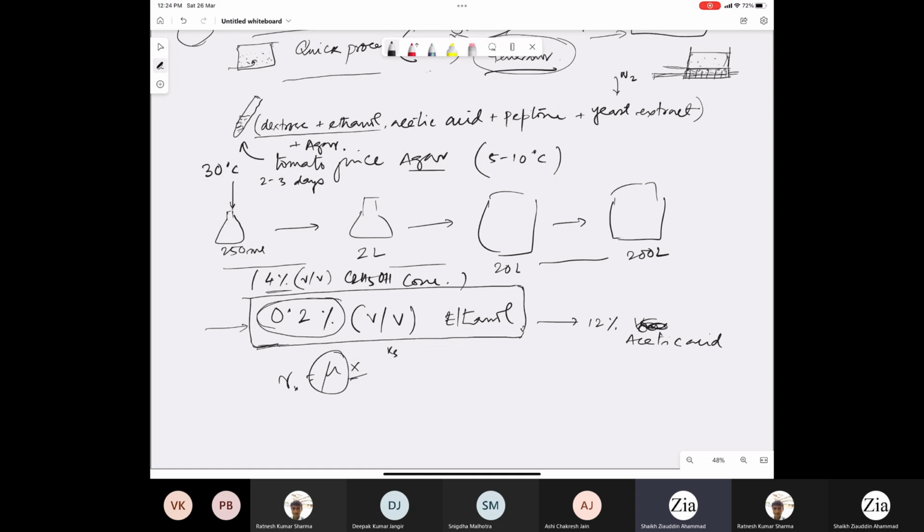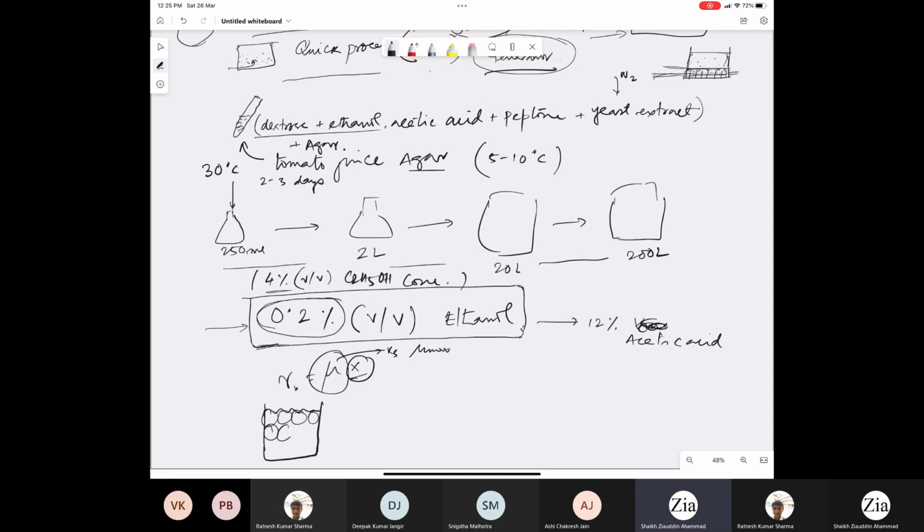So Ks is the same, the substrate affinity will be a constant value, and similarly mu max will also have a constant value. So mu is almost constant there. The only thing is that if you increase the biomass concentration, then you can get a faster rate. So to increase biomass concentration, you have two options. One is use of a packed bed reactor.